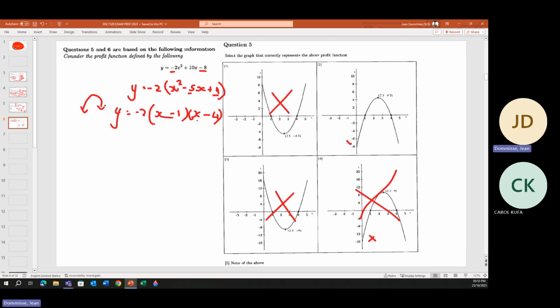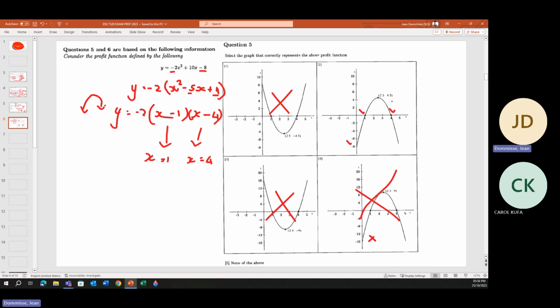There will be the minus 1x and the minus 4x, which will give me the minus 5x in the middle. So out of this, I can now also get the roots. The one will be x equal to 1, and the other one will be x equal to 4. So we can see there it's the 1, there it is the 4.